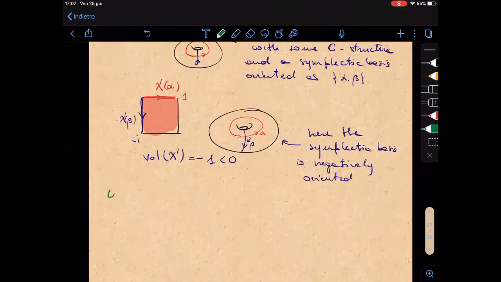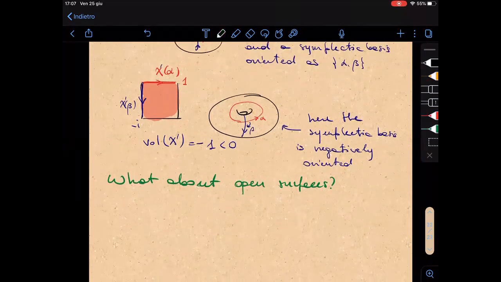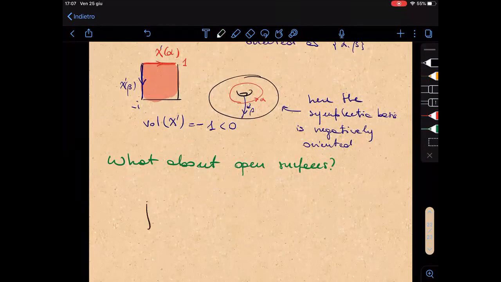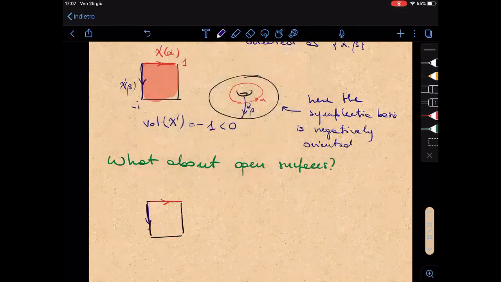And what about open surfaces? Okay, let's look once again at this square. Before, we took the interior; what happens now if we consider the exterior?